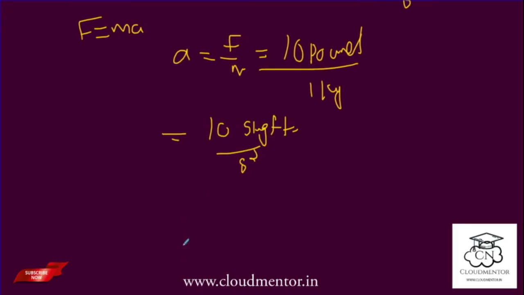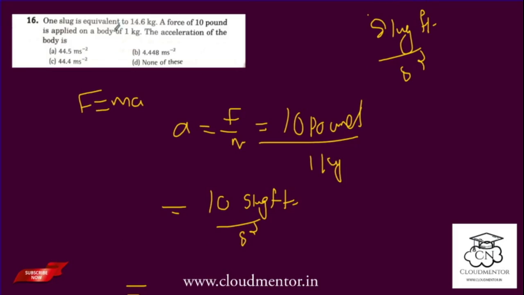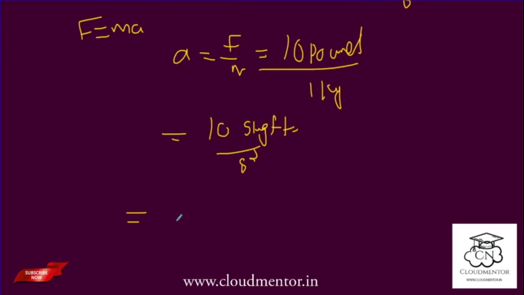It is given that one slug is equivalent to 14.6 kilograms, so we can apply that here. So that is 10 multiplied by 14.6 kilogram feet per second square, and that is 146 feet per second square.